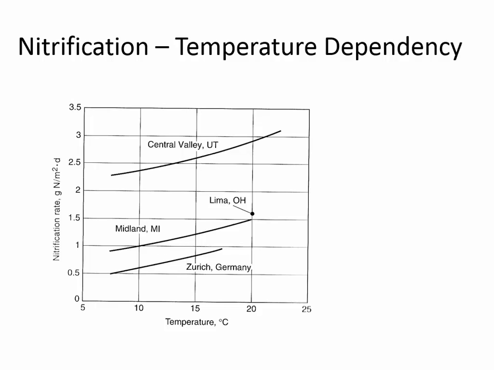Nitrification is pretty complicated and can be uncommon in a trickling filter, but what this figure shows is that in different locations, they've had wildly different results in the temperature effects of nitrification.